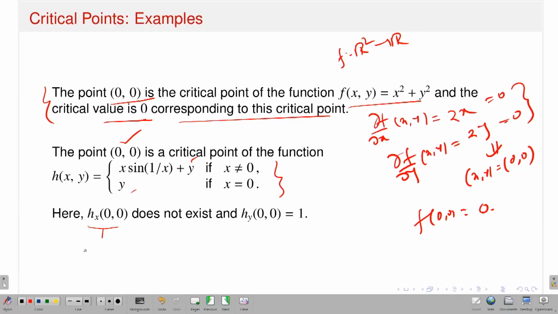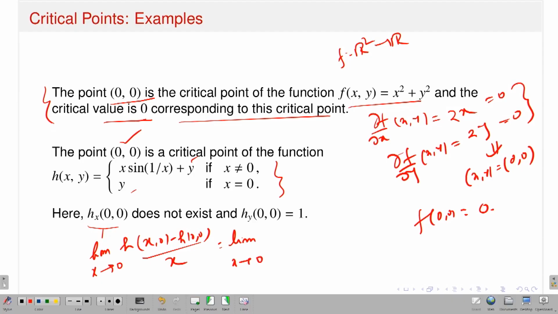What is this? By definition, it is a limit, say partial, right? So I should say the limit as x approaches 0 of [h(x, 0) minus h(0, 0)] divided by x. This is the partial derivative of h with respect to the x variable at the point 0. So what is this? It is the limit as x approaches 0 of h(x, 0).